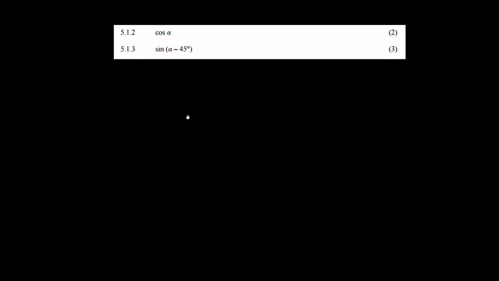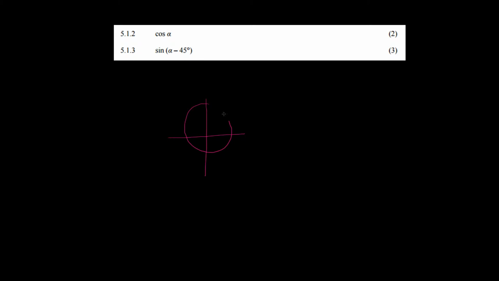Now, in order to do this, we have to explore the relationship between sine of negative alpha and negative sine of alpha. So let's say I have my coordinate plane right here, and this is going to be my unit circle.